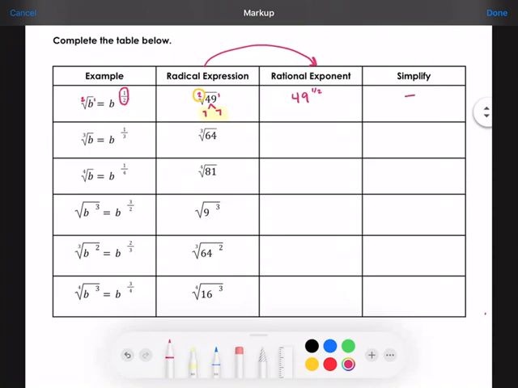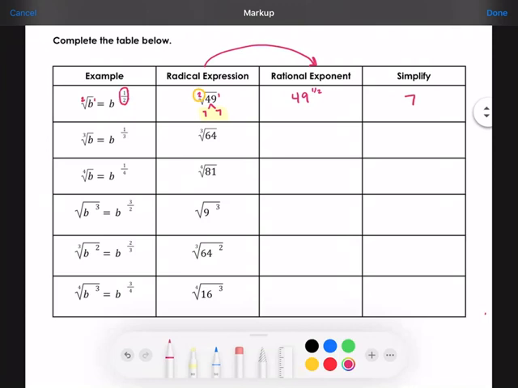And 7 and 7 are the same number, so I make a pair, and then I can take out the 7. And so I know that the square root of 49 is 7. So that might seem like a lot of work for a number that you already know is a perfect square, but you'll see that this process can be helpful as we work with larger numbers and more complex examples.